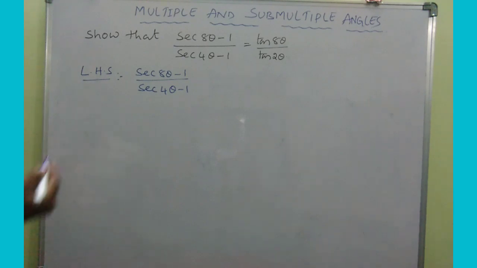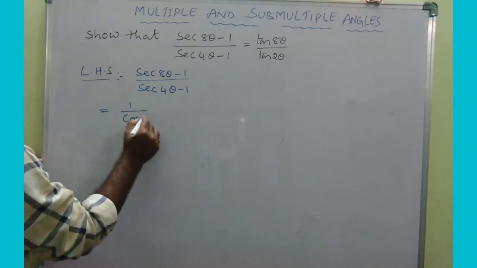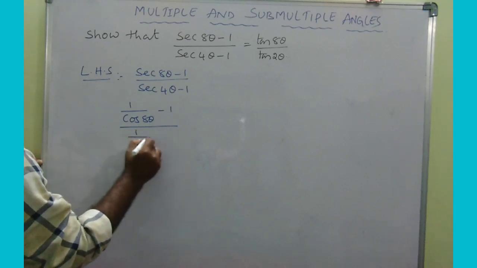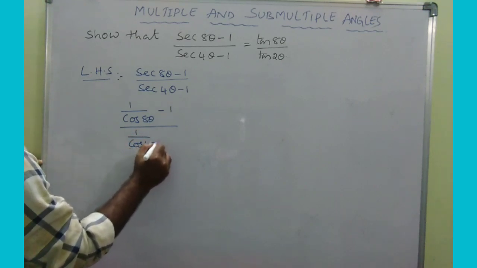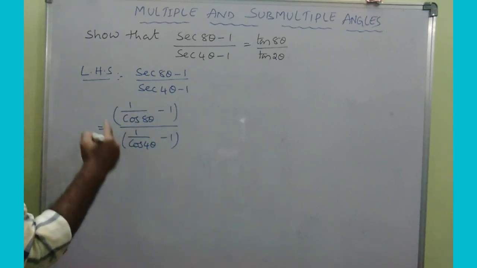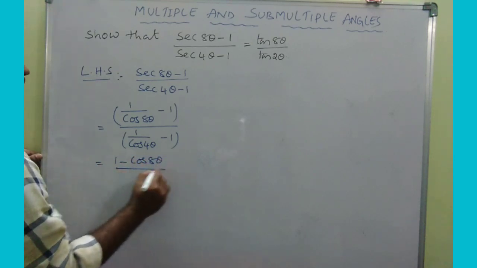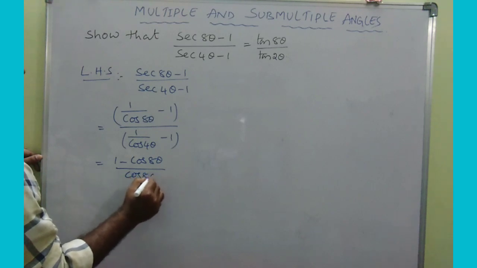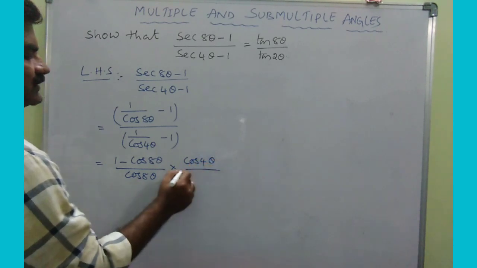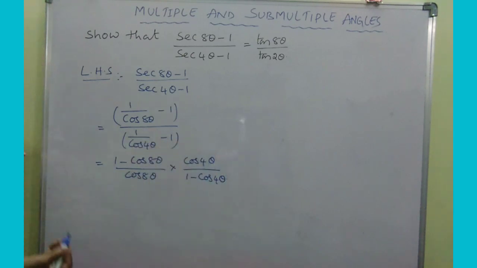How can we write secant? Basically secant can be expressed as 1 by cos, right? So similarly here also 1 by cos 4 theta minus 1. Now if you go for LCM, this is 1 minus cos 8 theta by cos 8 theta into cos 4 theta by 1 minus cos 4 theta.